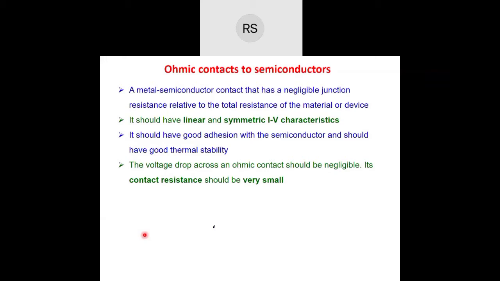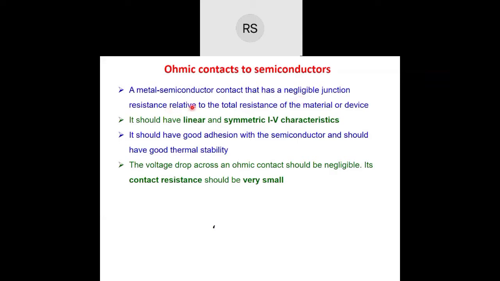If you deposit any metal over a semiconductor, you will find there is a potential barrier. It is non-linear. But using some specific processes and techniques, we try to make it ohmic. As the name indicates, the ohmic contact is a special metal semiconductor contact with linear and symmetric IV characteristics. It also has negligible junction resistance.